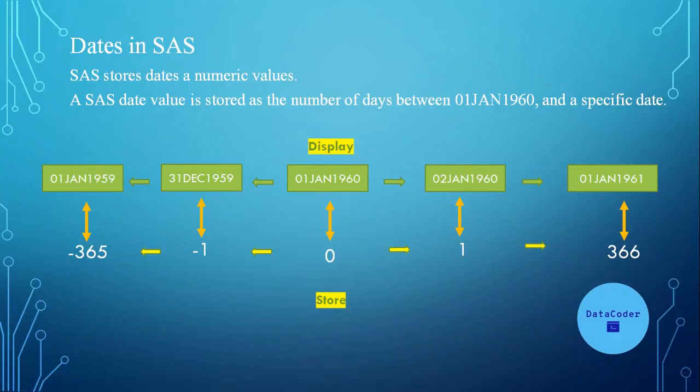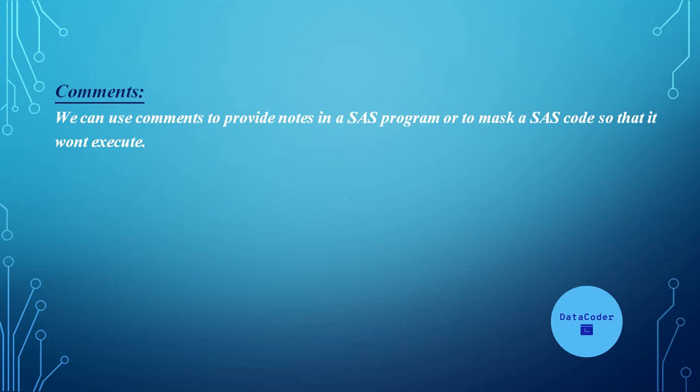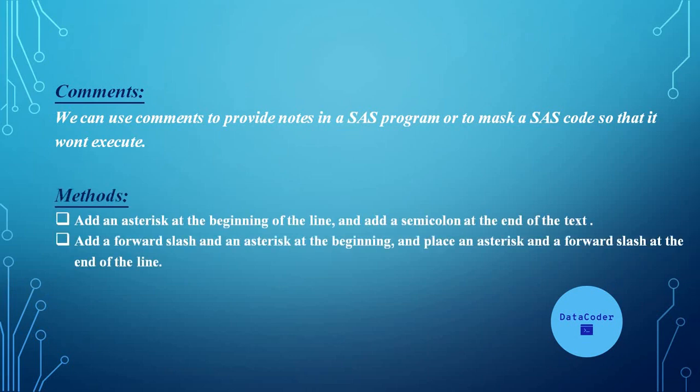So next is comments. We can use comments to provide notes in a SAS program or to mask SAS code so that it won't execute. The methods to comment SAS code: we can add an asterisk at the beginning and a semicolon at the end of the text, or we can add a forward slash and an asterisk at the beginning, and an asterisk and a forward slash at the end.